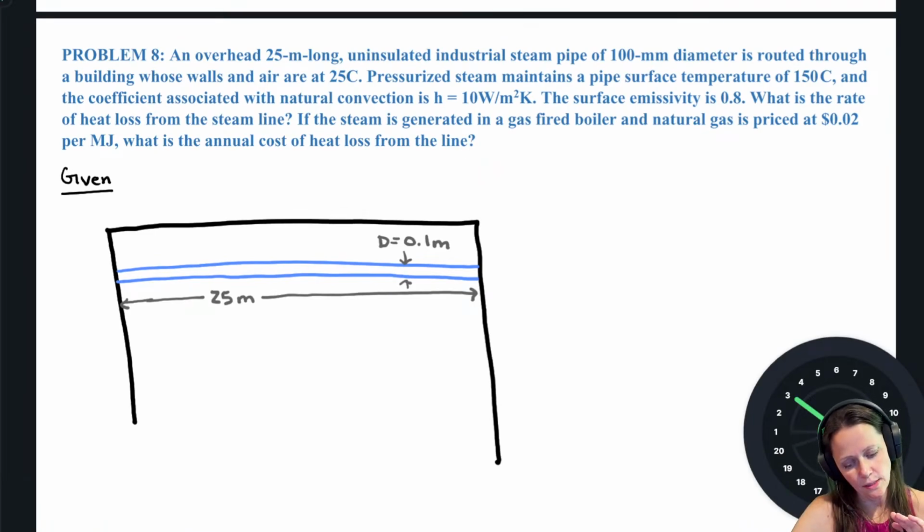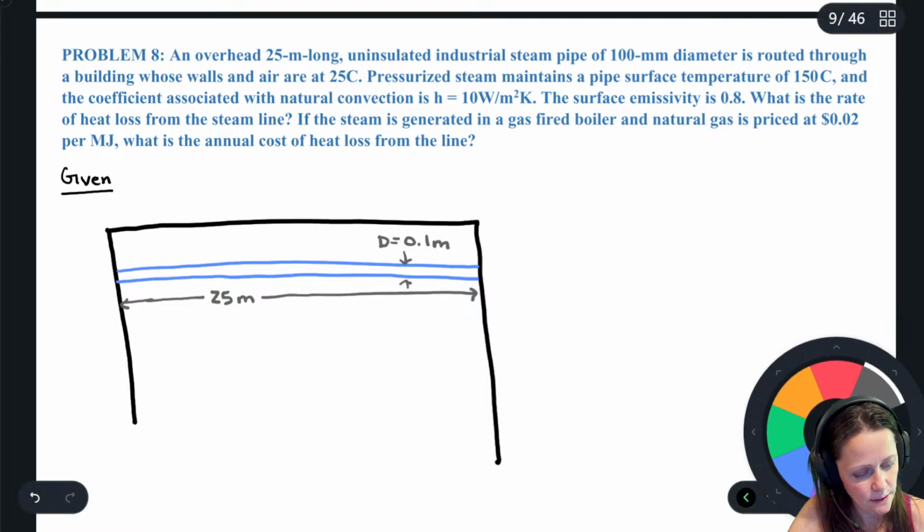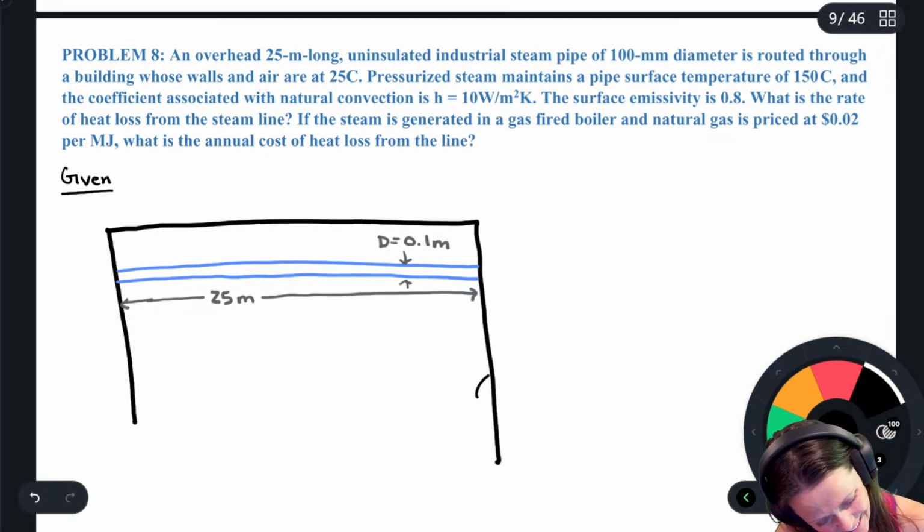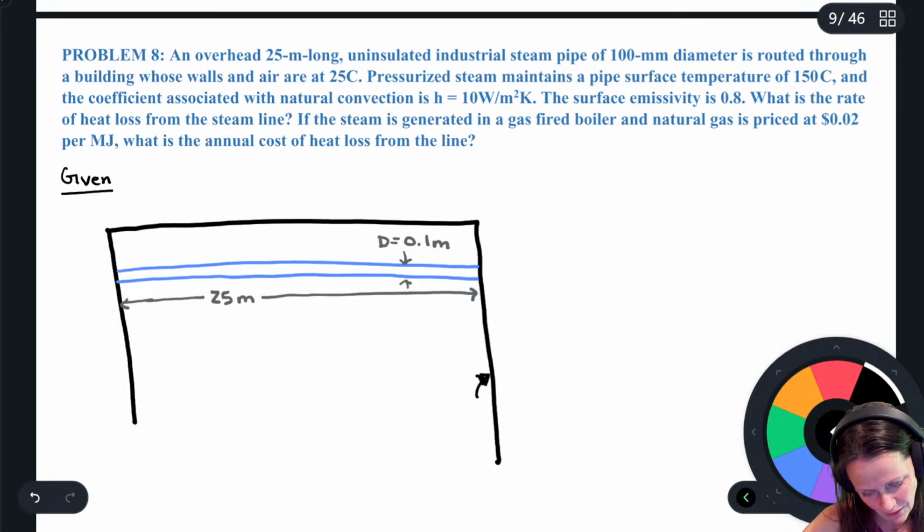All right, so the steam pipe is routed through a building whose walls and air are at. It's the Amazon delivery guy. The dog is sounding the alarm if you can't hear that.